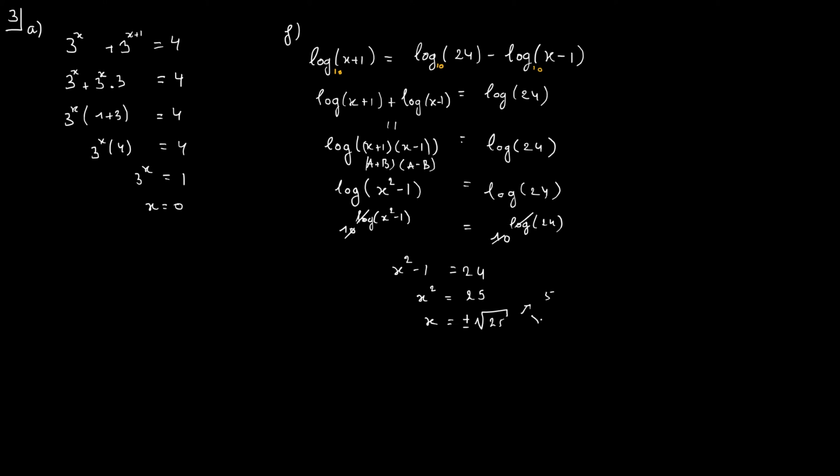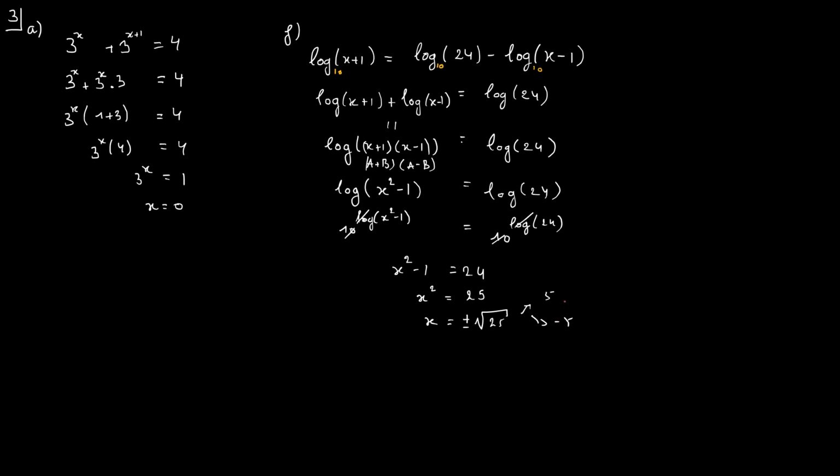or x is equal to 5 or negative 5. And here we have to be a bit careful, because logarithms, as I hope you understood from the previous part, do not allow for negative numbers. Negative numbers don't work for logarithms, especially not within the real numbers.